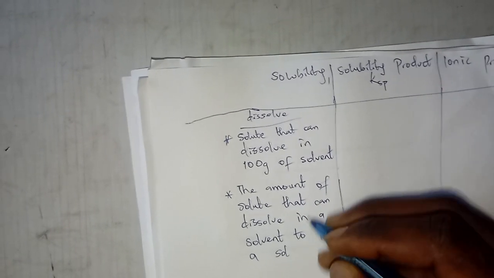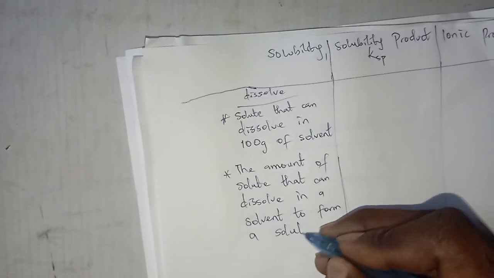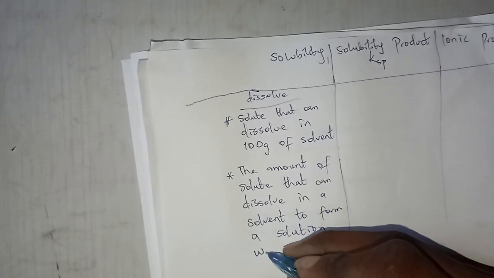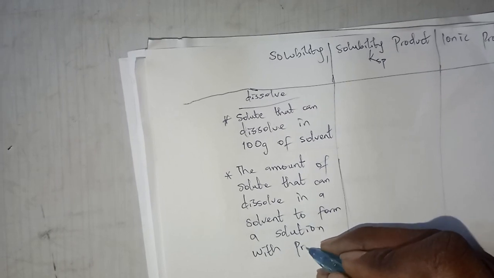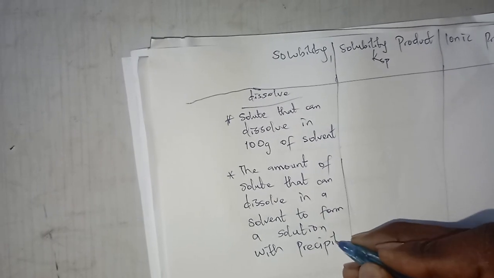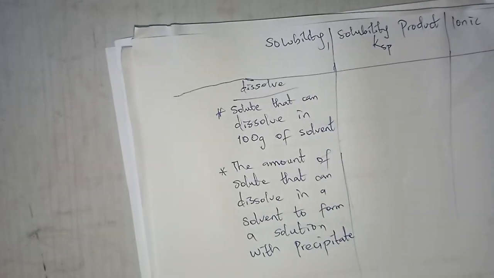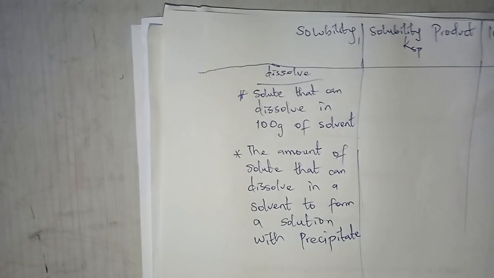Of course, you know that solute plus solvent gives you solution. To form a solution without precipitates. This is another way to define solubility.